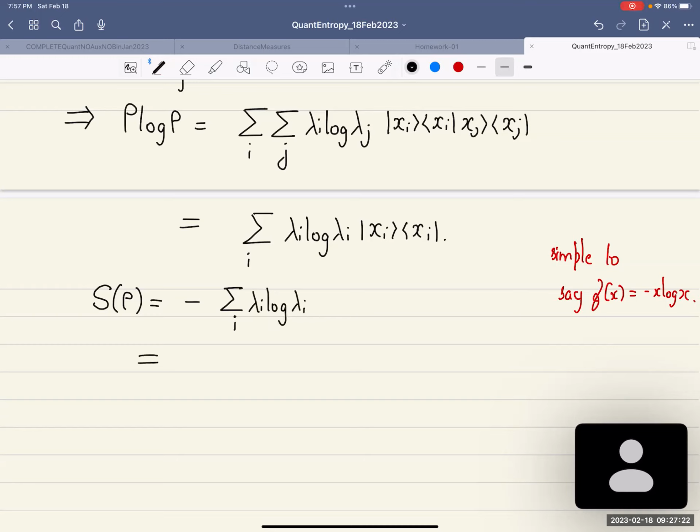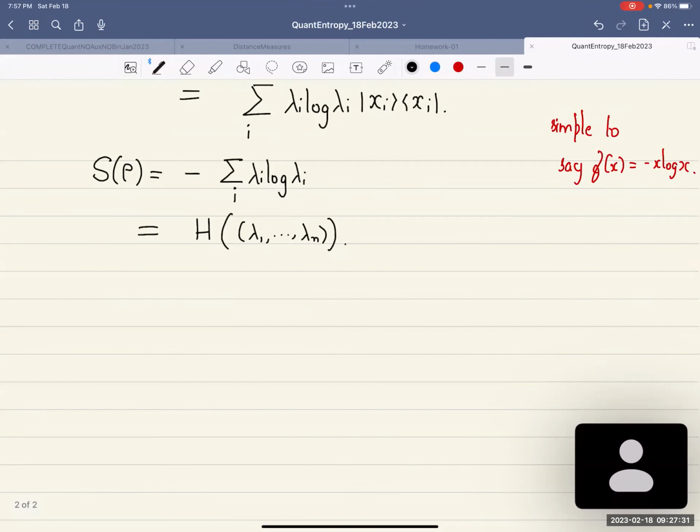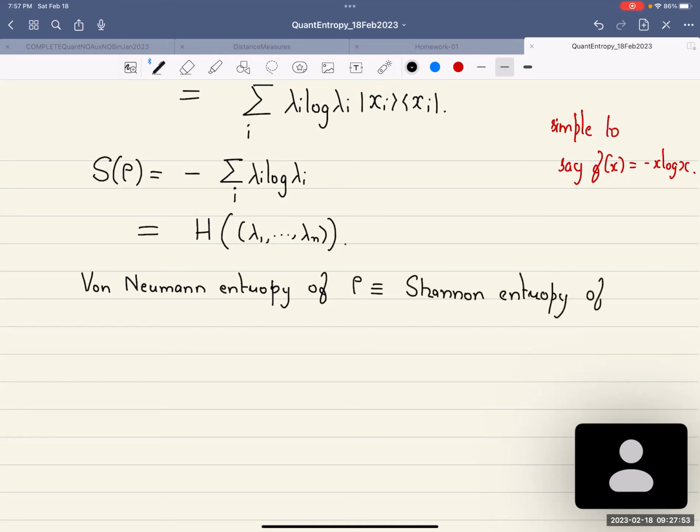So this is the Shannon entropy of the vector of the eigenvalues of the density operator. Okay, so that's remark 1: the von Neumann entropy of rho is equal to the Shannon entropy of its eigenvalues.